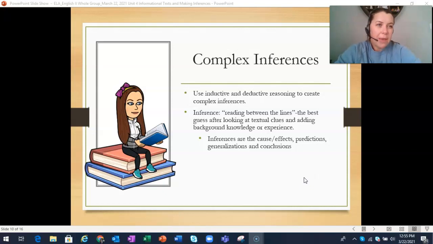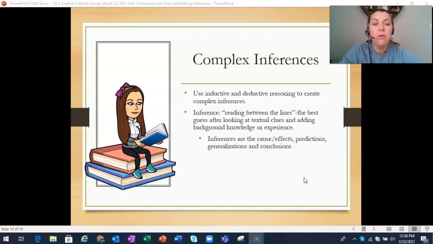When we talk about making inferences and when that 19b standard is there, it says that students will make complex inferences. What does that mean? It means that we want to use inductive and deductive reasoning to create complex inferences.